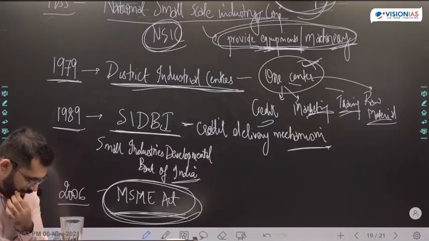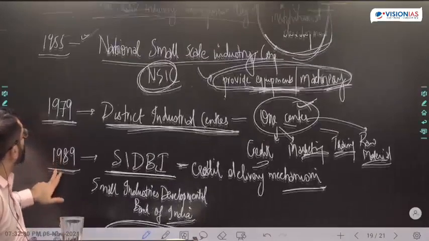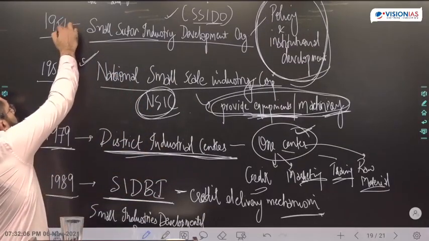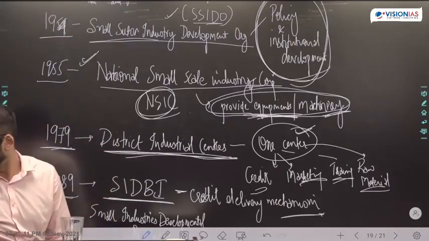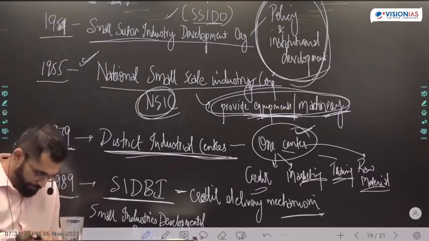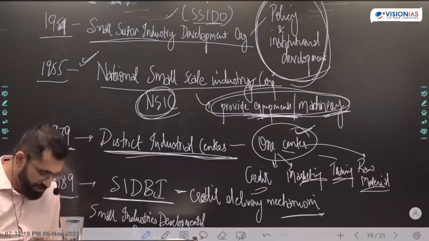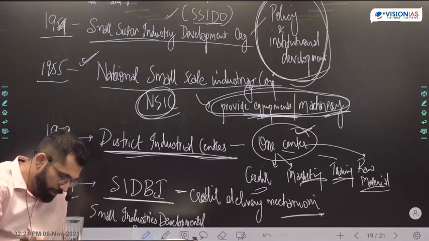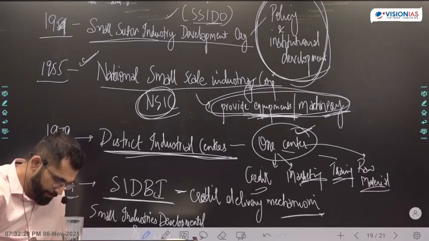Then NSIC in 1955. The SSIDO is 1954. This is 1954, sorry. You can correct SSIDO, that is 1954. See, district industry centers are still existing. In fact, these are quite important, providing this one-stop solution for all the government efforts in SSIs.